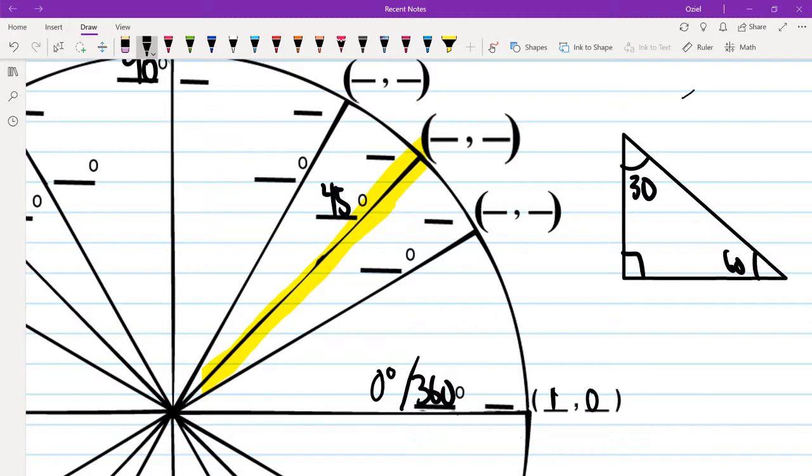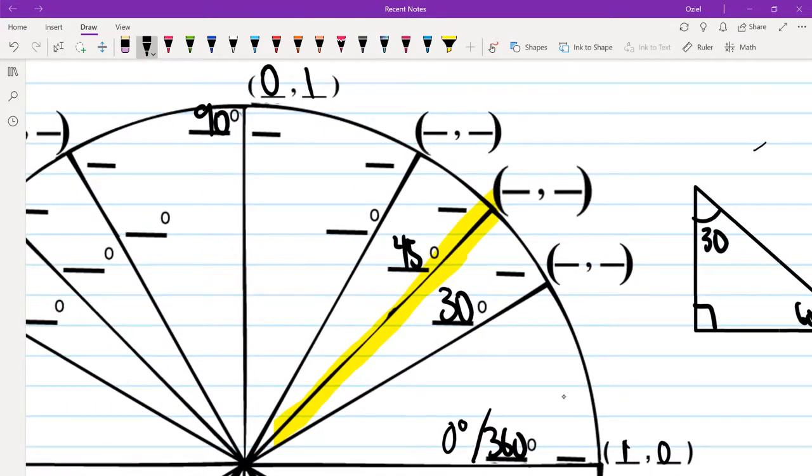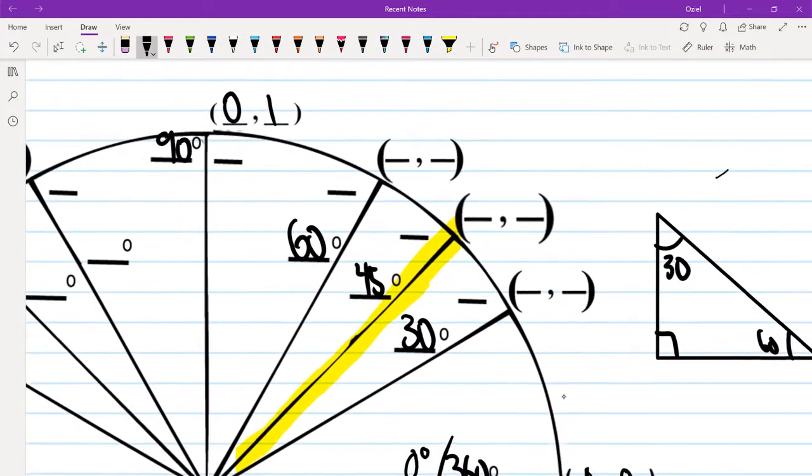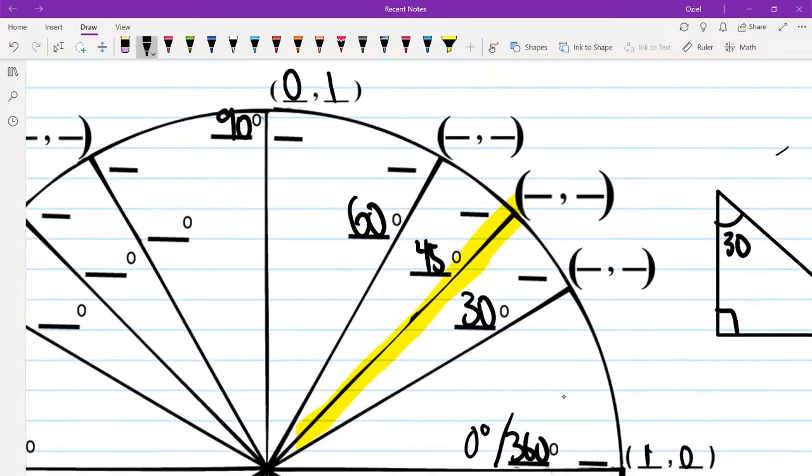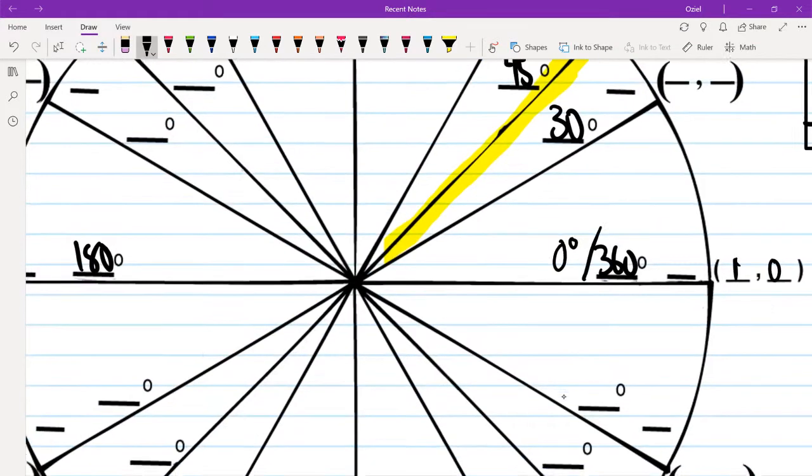We know that definitely there's a 30 degrees in here, so it would be right here. And also we're missing 60, so we have 60 over here. And then we have to convert those into radians.